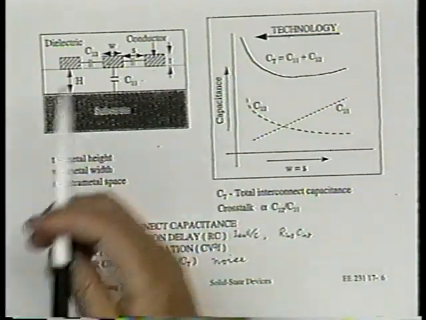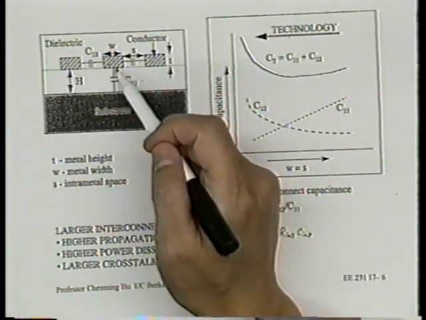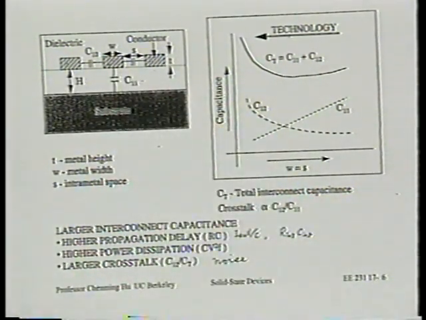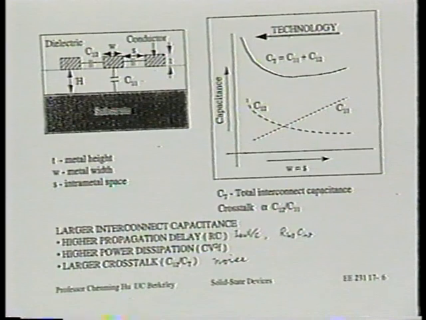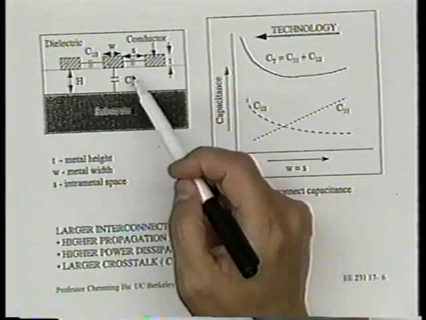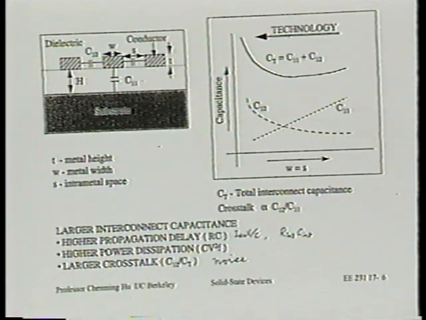We just try harder to develop the etching technology to etch that via through a relatively thick intermetal dielectric, so that we etch a small hole, but it's a deep and small hole. So we developed technology to do that. As a result, C12 has been maintained, not very large.